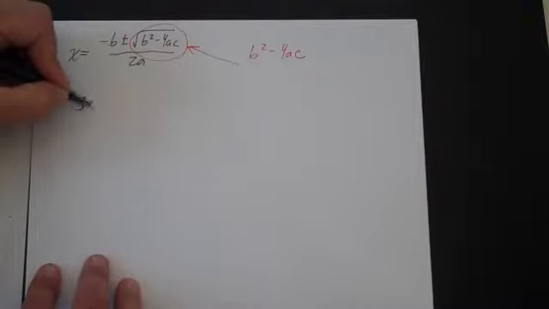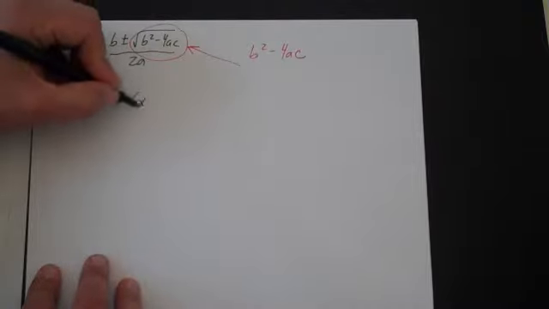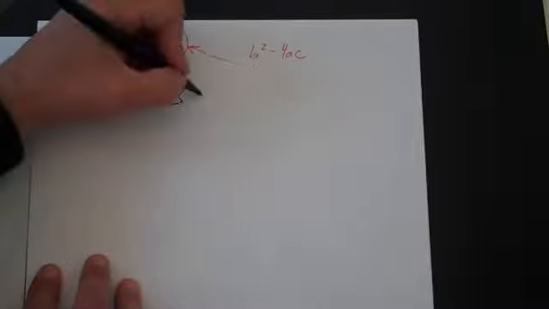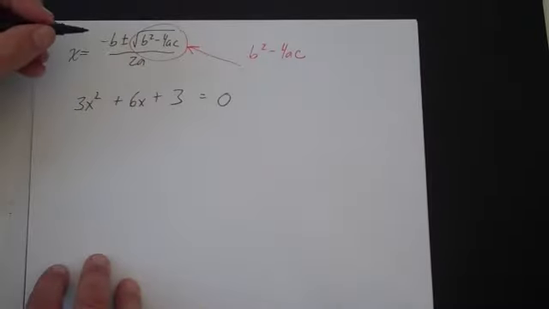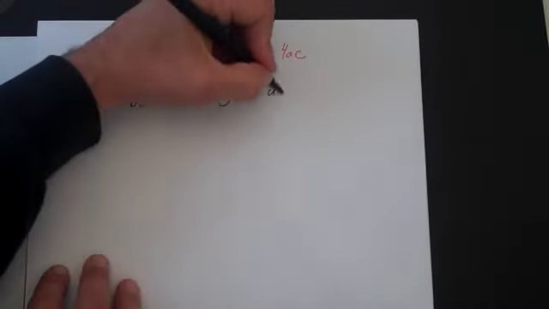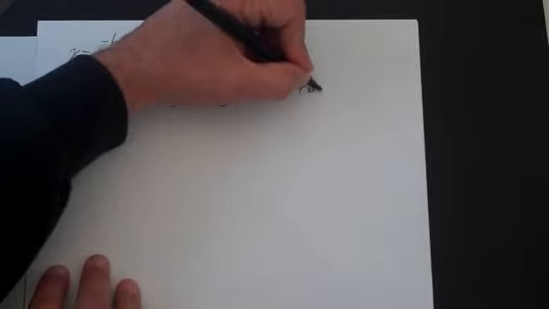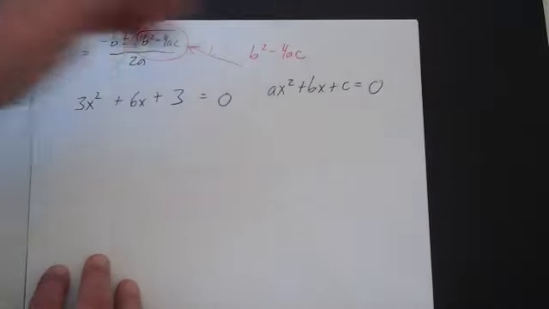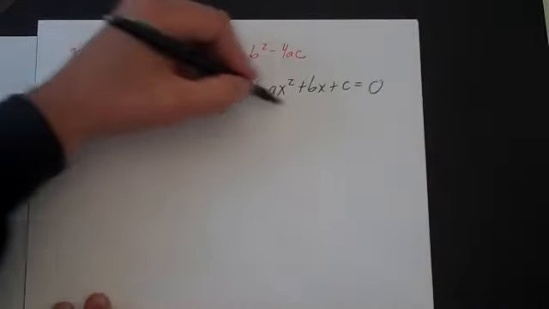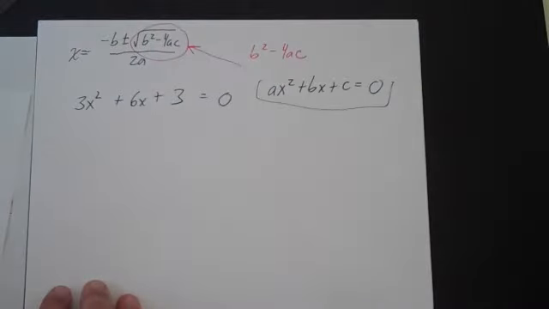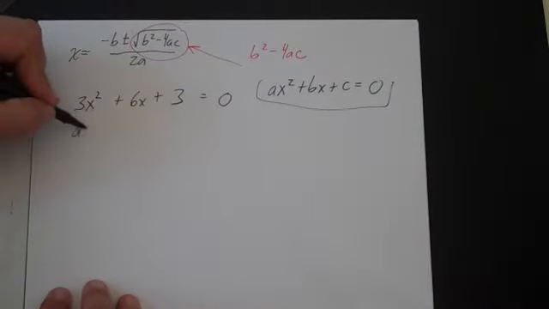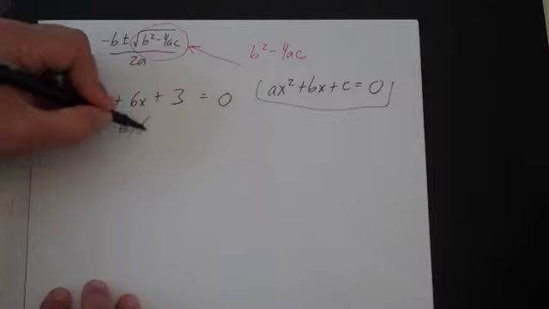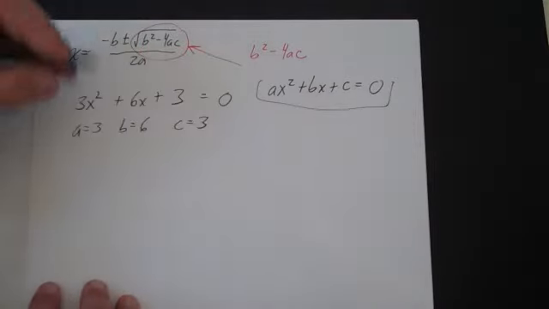Let's do 3x squared plus 6x plus 3 is equal to 0. All of these presuppose that you're given the problem ax squared plus bx plus c is equal to 0. And if you're not given it in exactly that form, then just rewrite it thusly. Here a is 3, and b is 6, and c is 3.